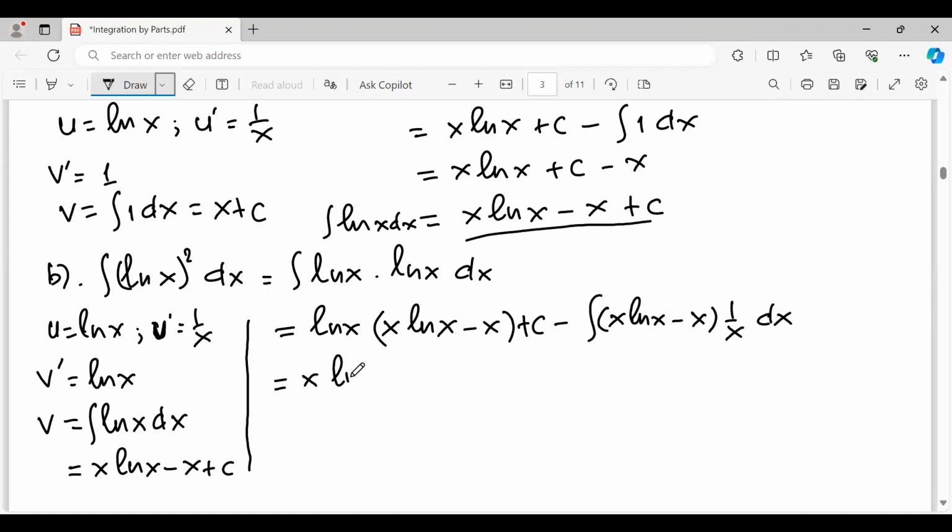Becomes x ln x squared minus x ln x plus c minus, cross multiply first, ln x minus 1 dx.